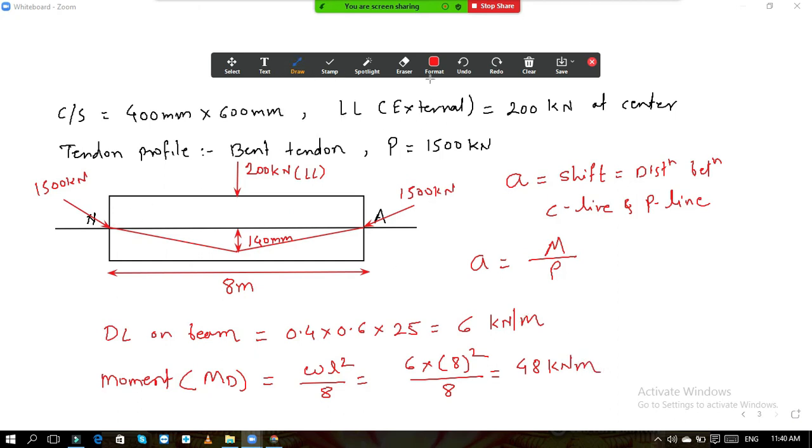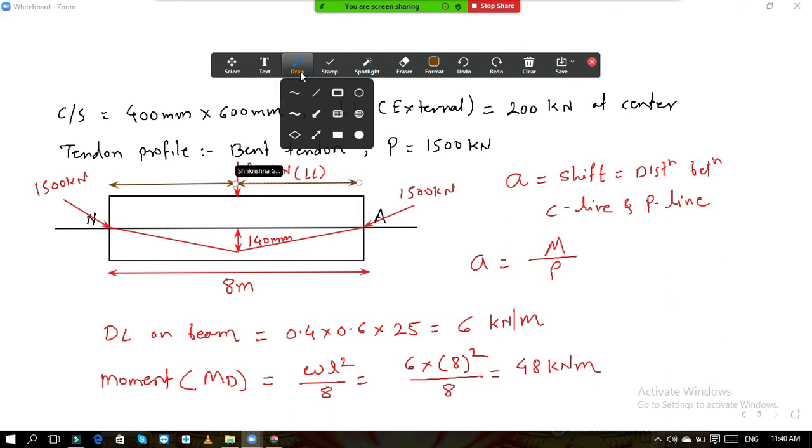Also we know that this point load is acting at the center. So this distance and this remaining distance from here, both are same. Both are 3 meter. Now we will calculate the moment due to external load, that is live load.